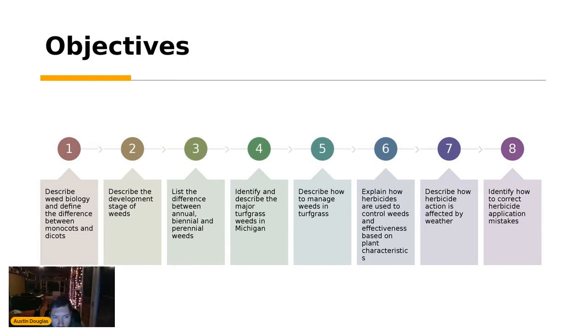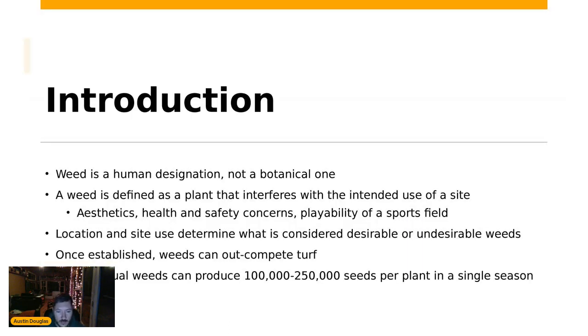Well, we want to be able to describe weed biology and define the difference between a monocot and a dicot, describe the development stages of weeds, list the difference between annual, biennial, and perennial weeds, identify and describe the major turfgrass weeds in Michigan, describe how to manage weeds in turfgrass, explain how herbicides are used to control weeds and their effectiveness based on plant characteristics, describe how herbicide action is affected by weather, and identify how to correct herbicide application mistakes. So now that we have the objectives, we can get to learning.